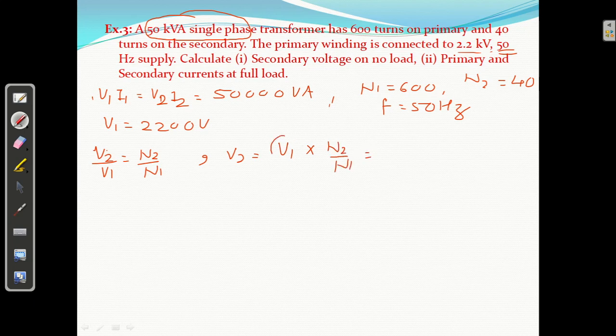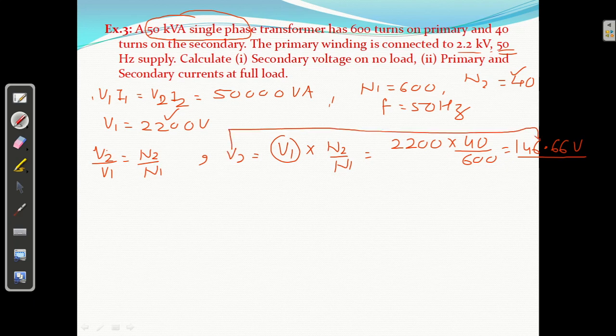What is the value of V1, supply voltage is given? 2200 into N2 is given 40, N1 is given 600. So by using that, you can get 2200 into 40 divided by 600. So I am getting 146.66 volt. That is the value of V2.